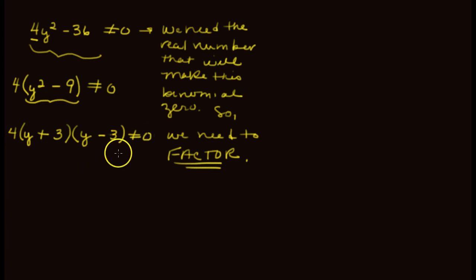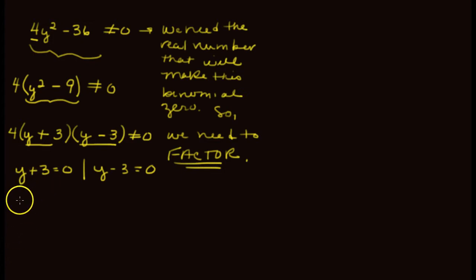Well, to find out where it cannot be 0, we have to find out where it is 0. Okay, so we need to find out where it's 0. So in order to do that, we set our binomial factors equal to 0. So we've got y plus 3 equals 0, and y minus 3 equals 0. Because once we know those numbers, then we know where it cannot be 0.